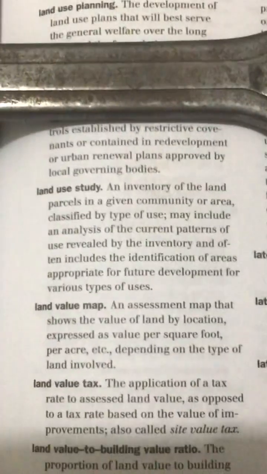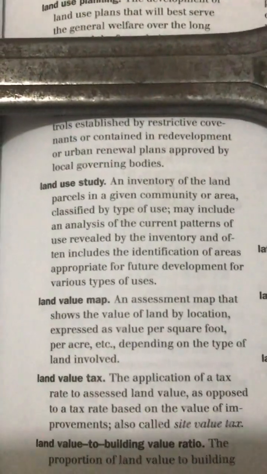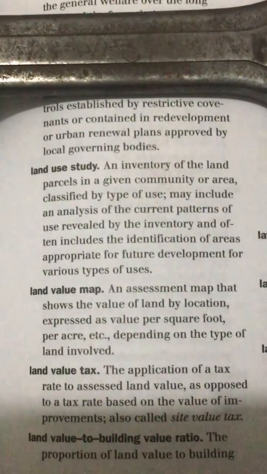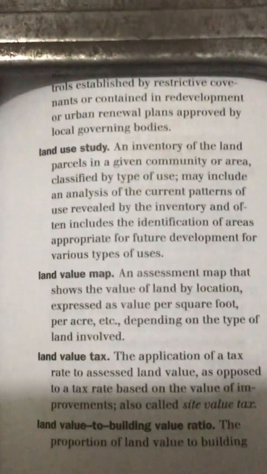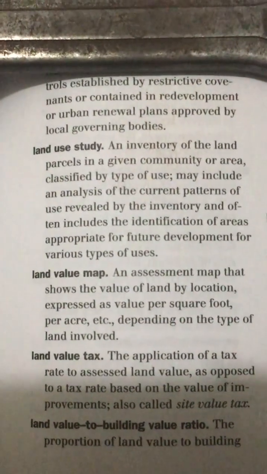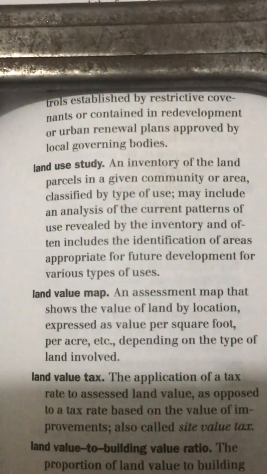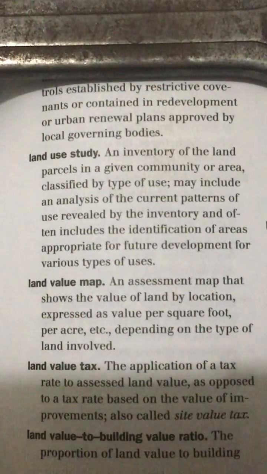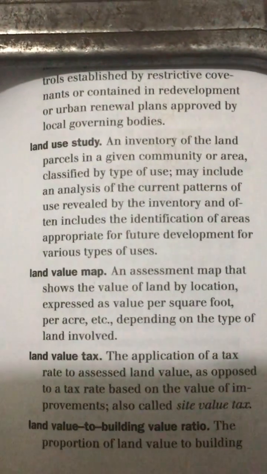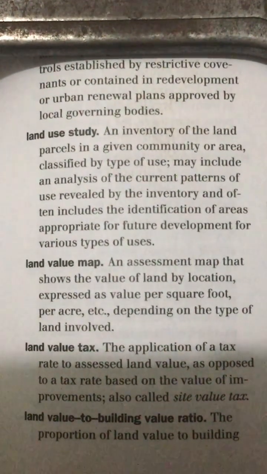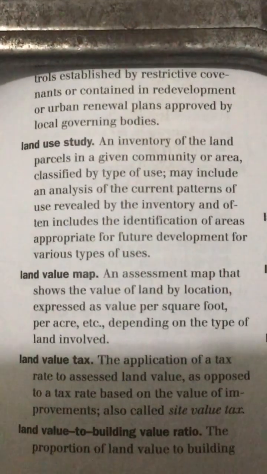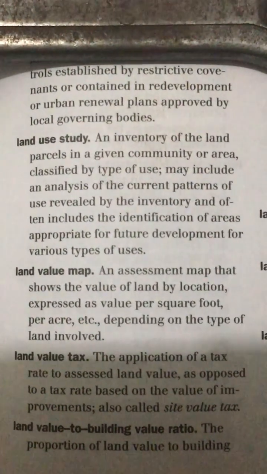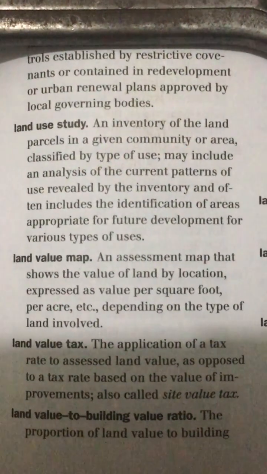Land use study. An inventory of the land parcels in a given community or area, classified by type or use. May include an analysis of the current patterns of use revealed by the inventory, and often includes the identification of areas appropriate for future development for various types of uses.